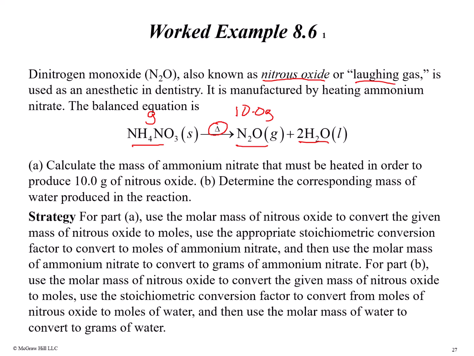The first thing is nitrous oxide and ammonium nitrate weigh different amounts. So the first thing you'll have to do is convert the dinitrogen monoxide into moles of nitrous oxide. Once I get that, I can look at my stoichiometric coefficients and I can convert that to moles of ammonium nitrate.